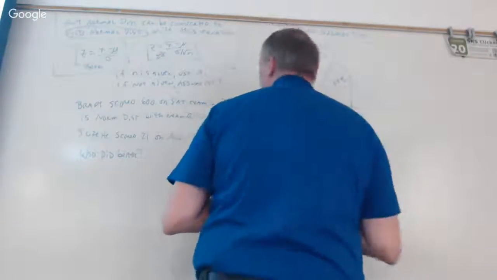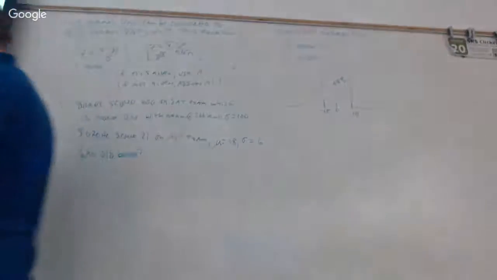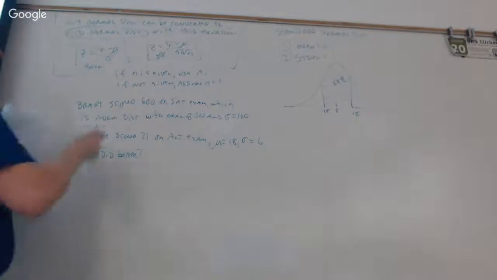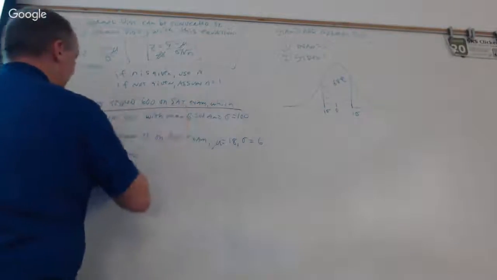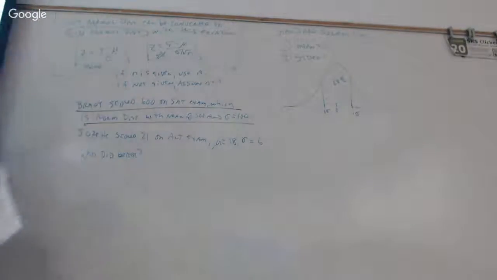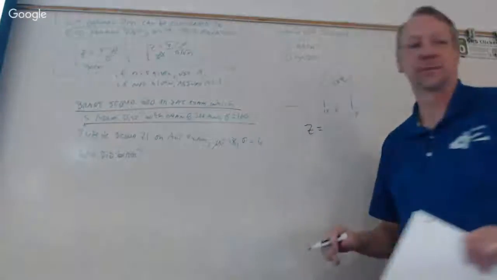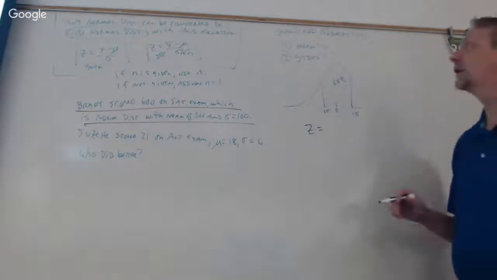So what we're going to do here, I'll pick a different color, is map Brady's score onto the standard normal distribution. We'll use black for this one. Brady, can you convert your score to a standard normal distribution? Yes. So Z equals the mean, no, it doesn't equal the mean.